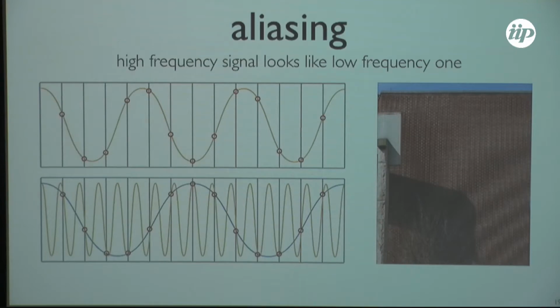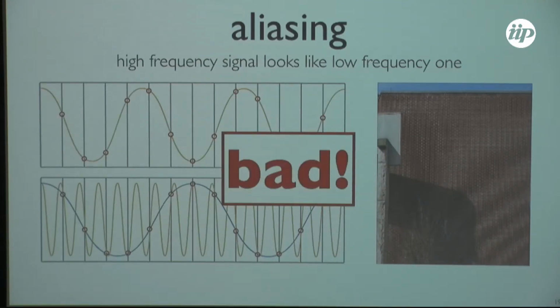This is bad, okay? You will be mischaracterizing the content of your data if you do this. So make sure you understand what the frequency content of your data is before you do anything.